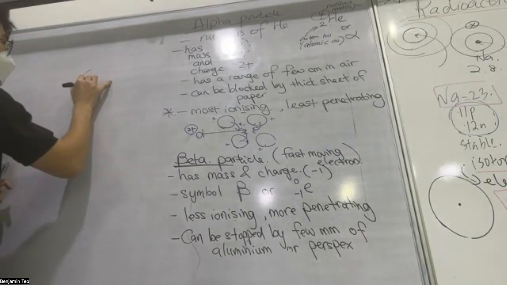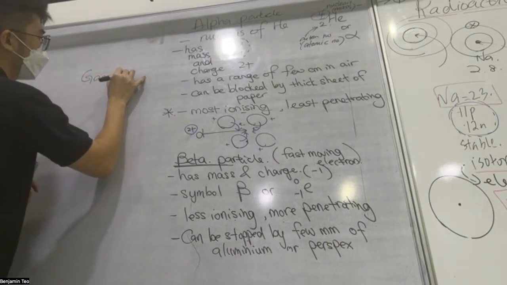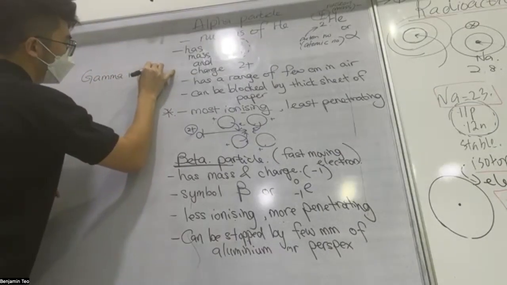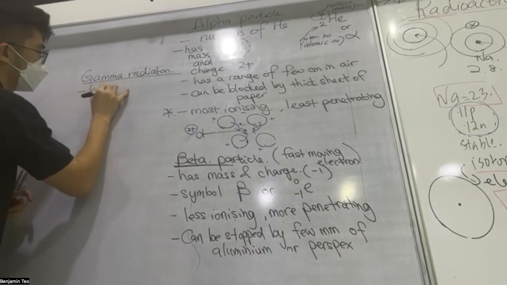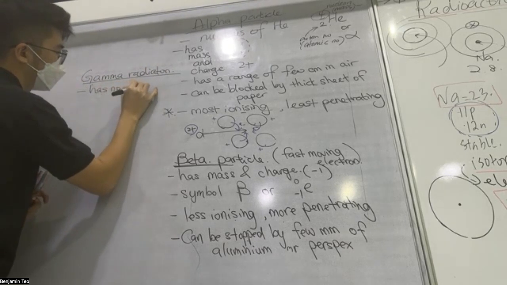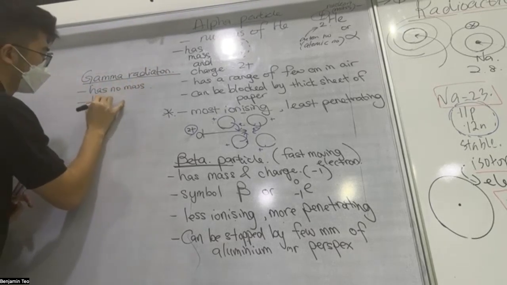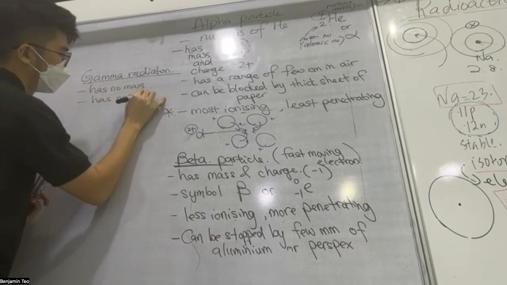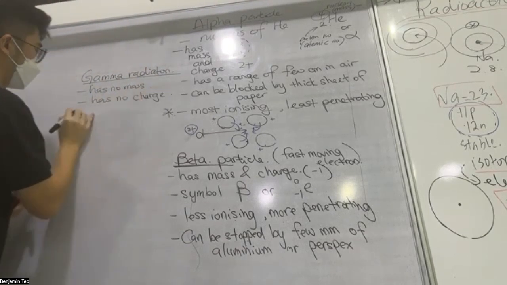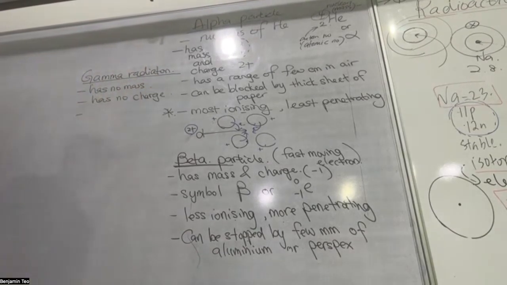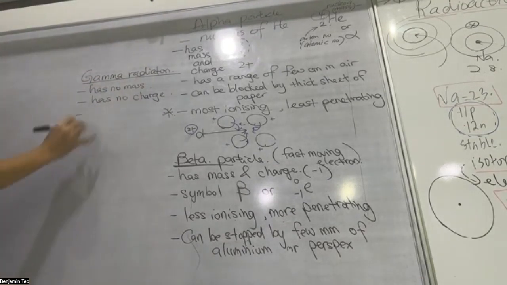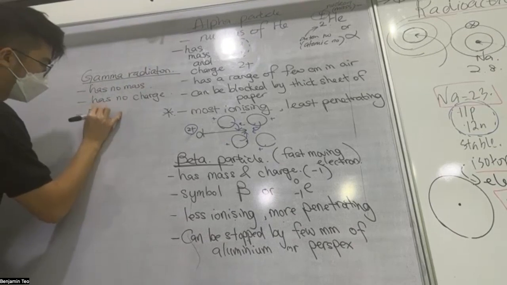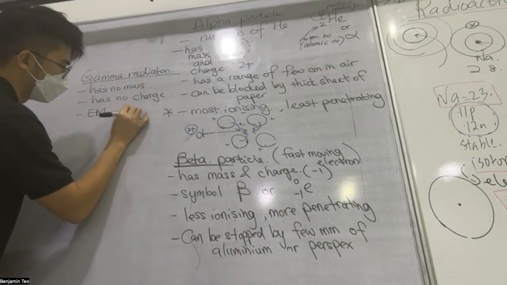Okay, the last one is gamma radiation. It has no mass, it has no charge. Then what does it have? It is electromagnetic (EM) waves.